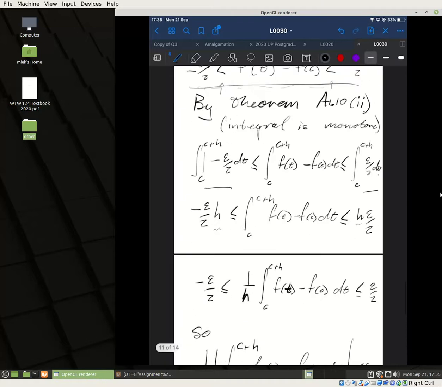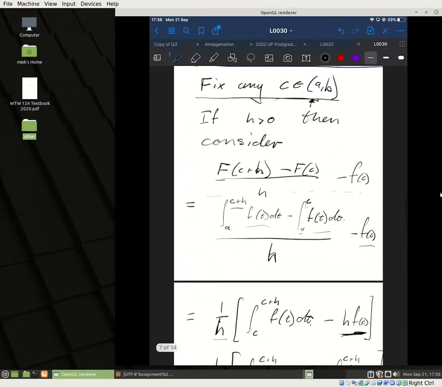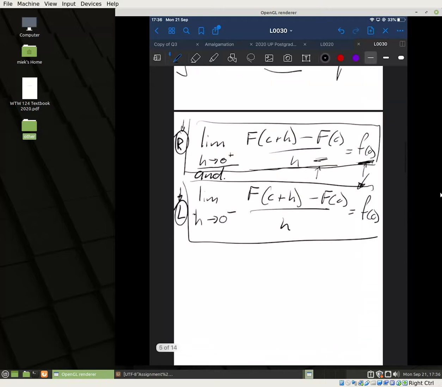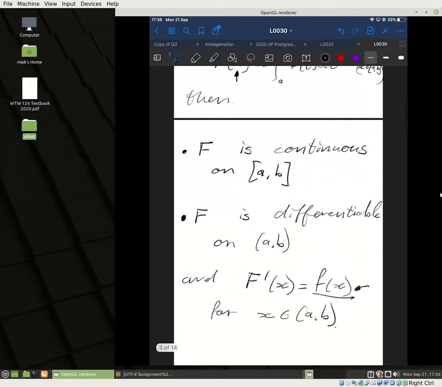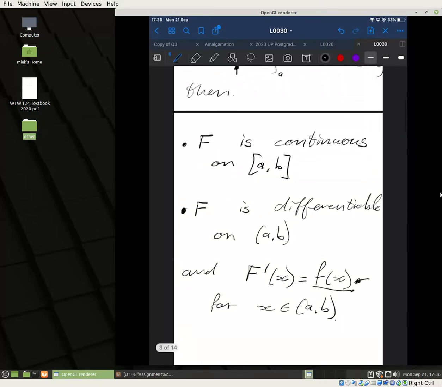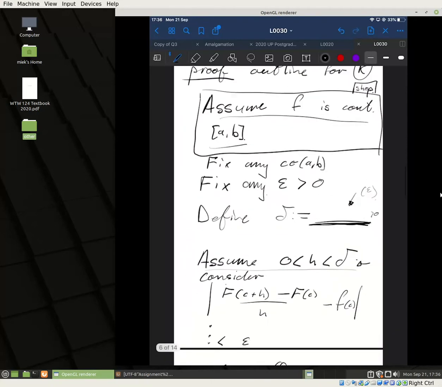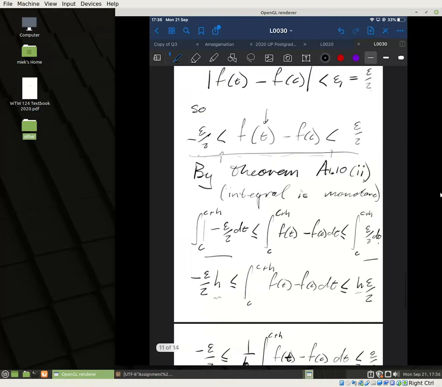And then if you remember the statement of the fundamental theorem of calculus, we have now proven one half of this. All that remains is to show that capital F is continuous at the endpoints of the closed interval A, B. So continuous at A, continuous at B. And that we will also leave as an exercise.